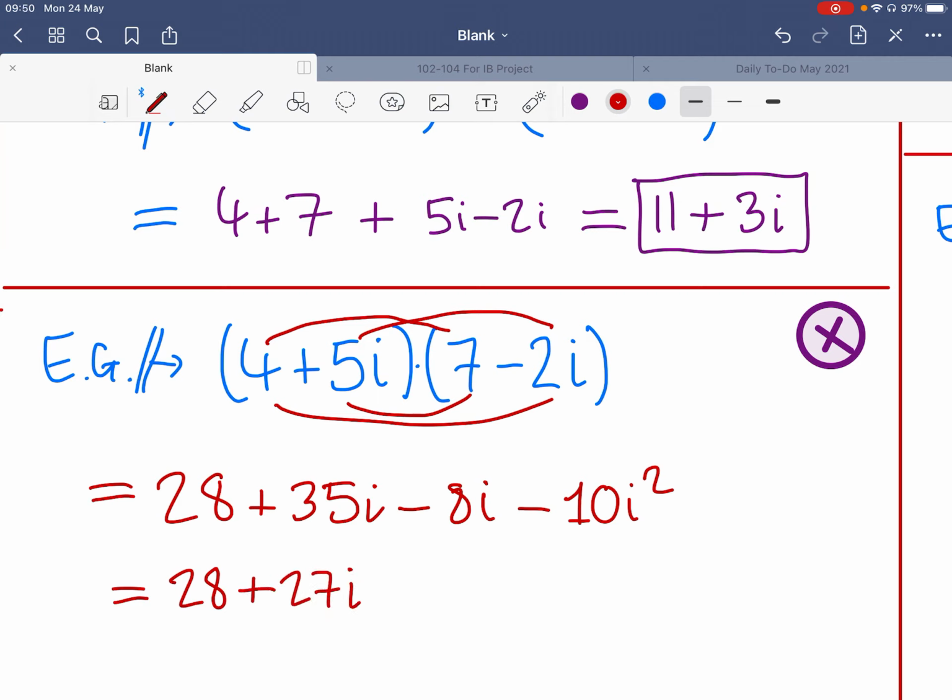But then i squared, we just said i squared is minus 1. So minus 10i squared is minus 10 times minus 1. And that gets simplified to plus 10. And so now it's a real number, essentially. And I can combine it with the 28. I get 38 plus 27i.